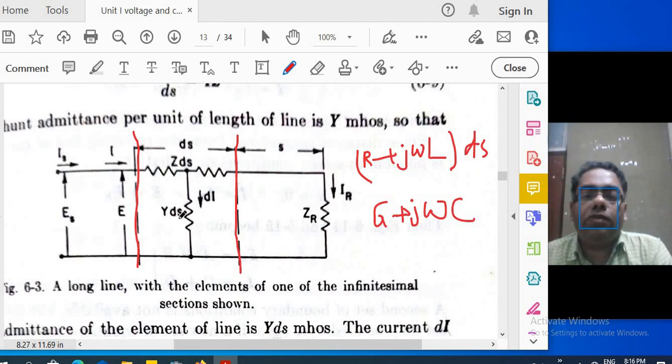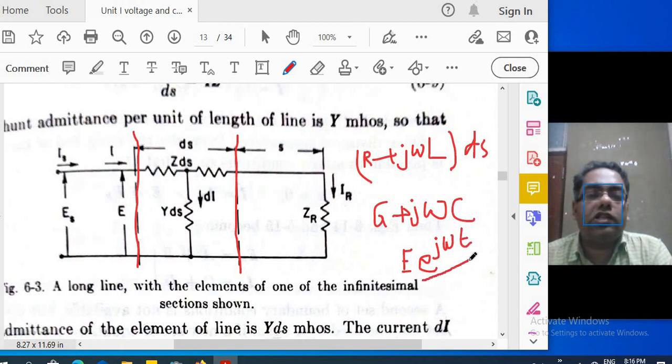The current is I passing through this, and the voltage developed across it is E. Now this E and current I that we are considering are in phasor form. That means variation in space is only shown, not with time, because with time it is varying as e to the power j omega t, which is a time harmonic variation.